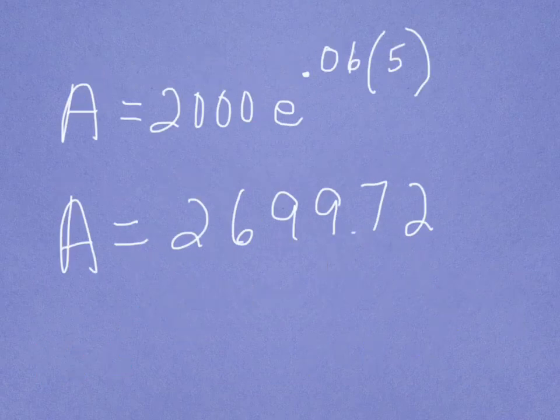We can see here in our next example, we take $2,000 and we're going to compound the interest continuously, the 0.06 interest times 5 years. That would give us $2,699.72. Since we're doing it continuously, every minute of every day of every second, we're going to get the most interest we can possibly get.